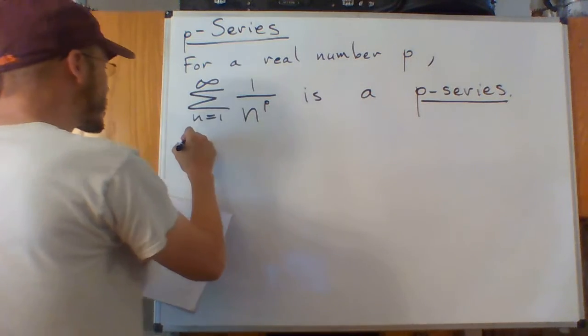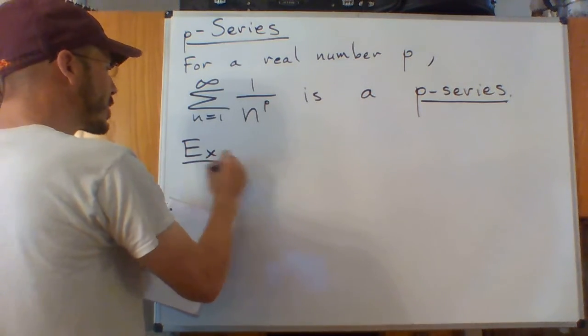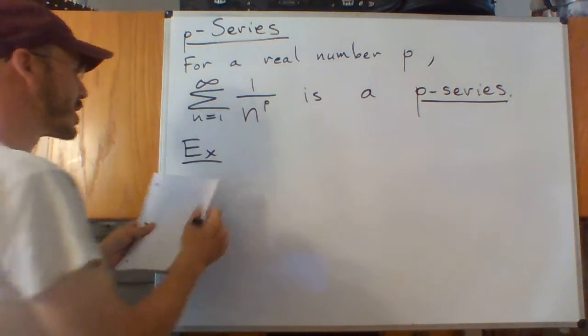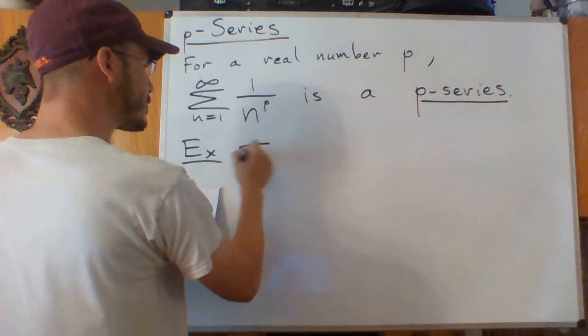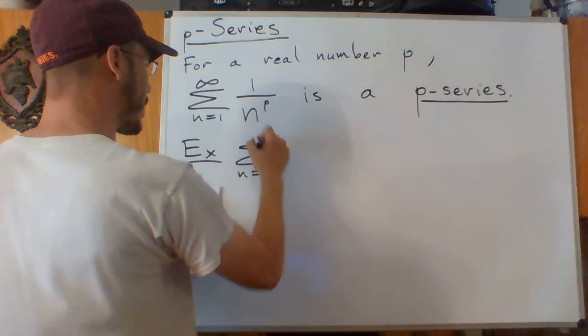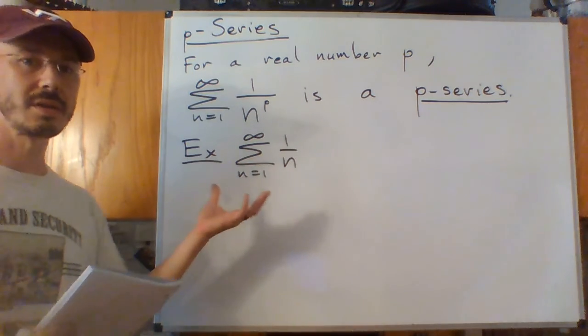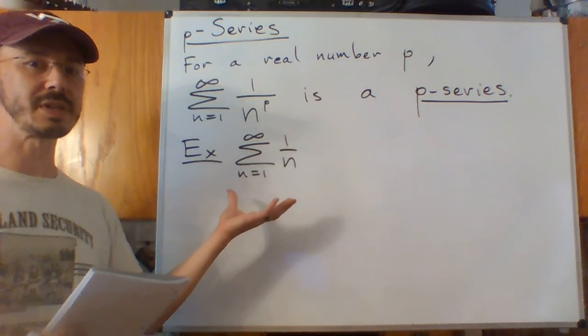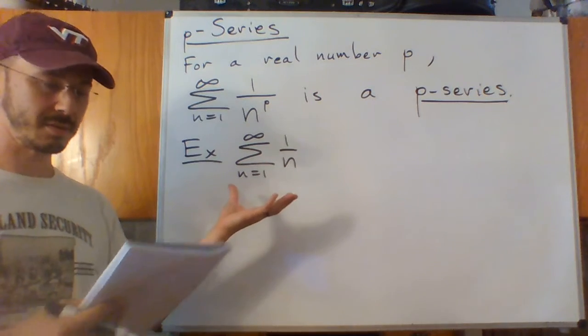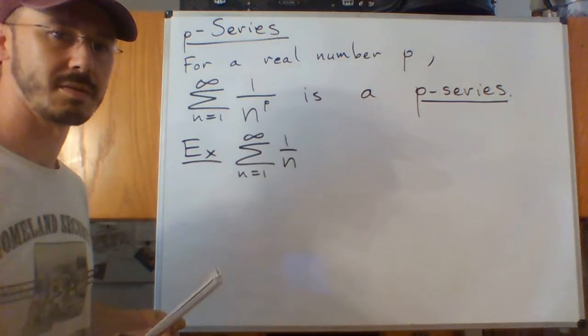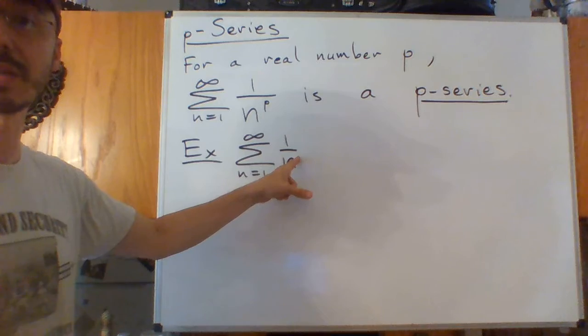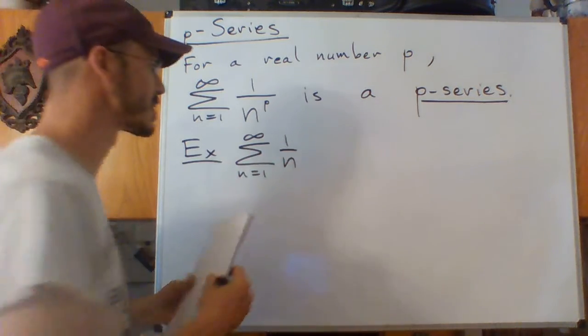And let's look at some examples before we look at the actual test, because we've seen these before. Here's the sum from n equals 1 to infinity of 1 over n. Well, you don't see the p there. You don't see the p because it's n to the first.